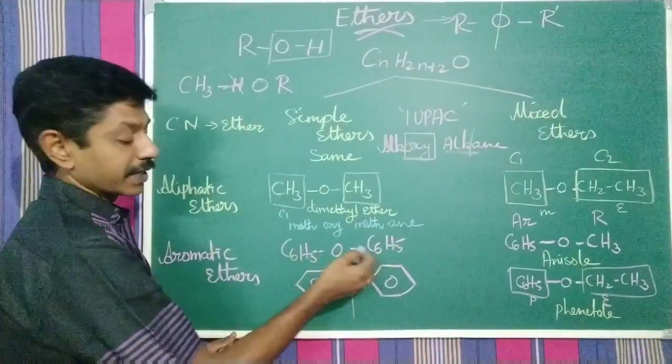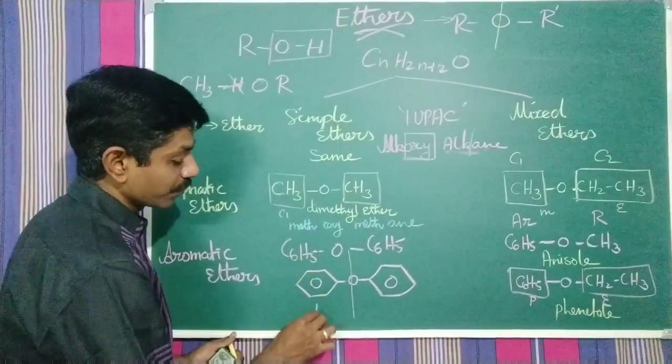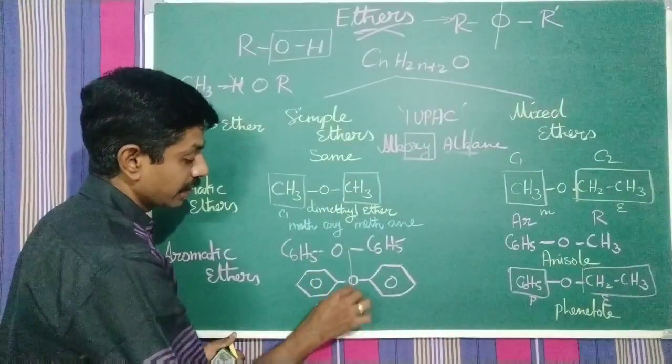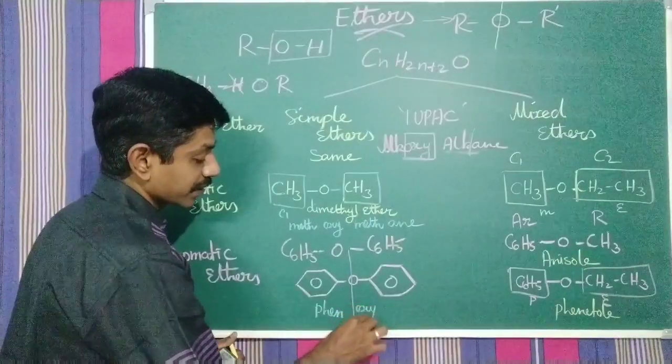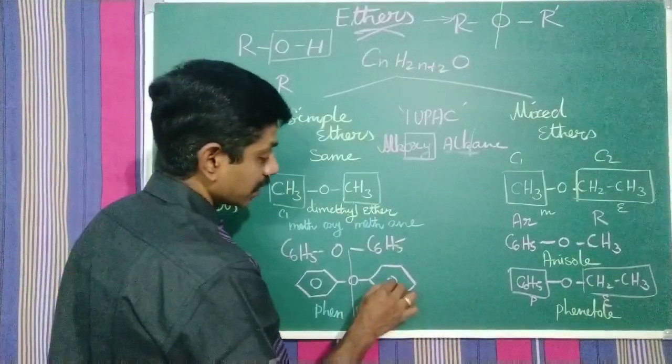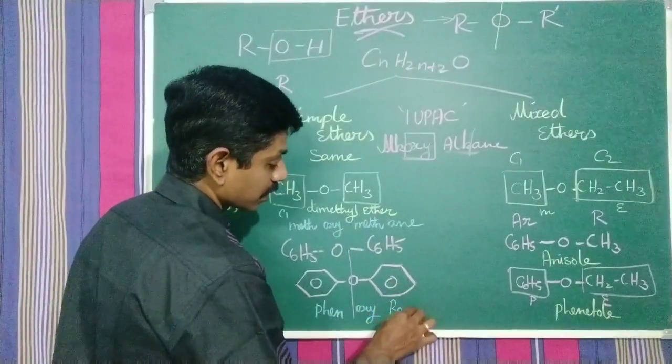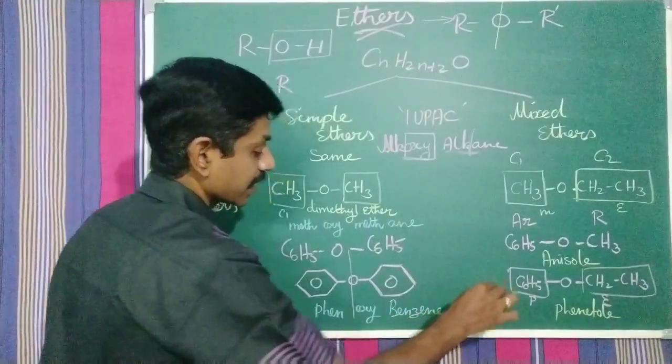Similarly, how can you give a name here? This is a phenyl group, so I take the first part, phen. This is oxy, so the first three letters, oxy. This is a benzene ring, so this is phenoxybenzene.